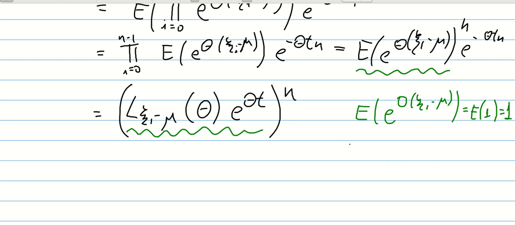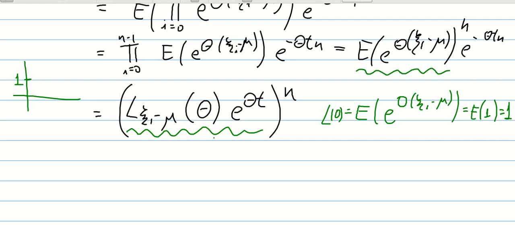What about the derivative of this function? So this is the Laplace transform at the value 0. So this function that we are looking at has value 1 at 0.